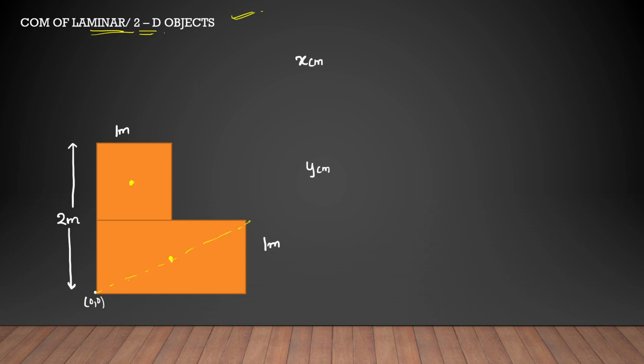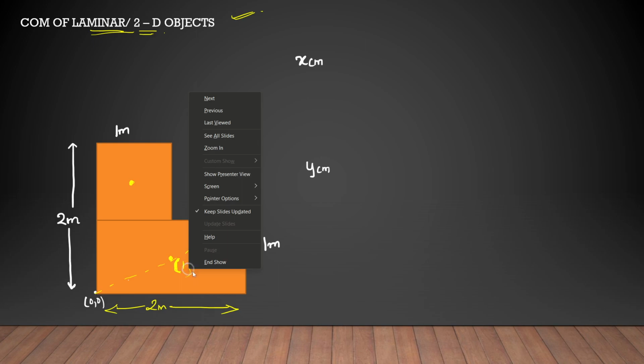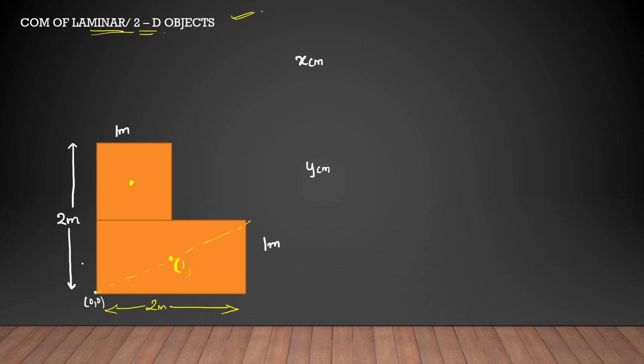Now we have to give the coordinates with respect to the origin, that is 0, 0. The length of the side is 2 meters. So this distance would be 1 on the x-axis, and on the y-axis how much is it moving up?